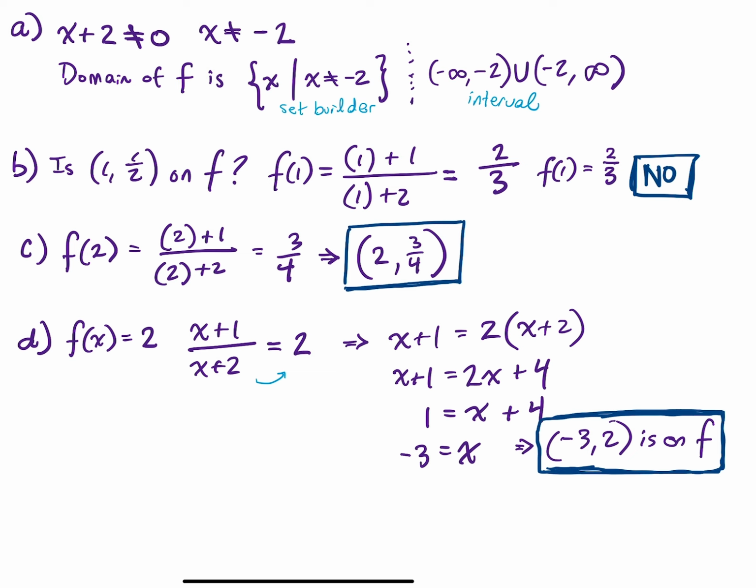So you might be asked to plug in a value, when x equals a certain value, what is f of x? Or they might tell you what f of x is equal to, and you need to sort of backtrack and solve what input value produced that output. What x value produced that y value.